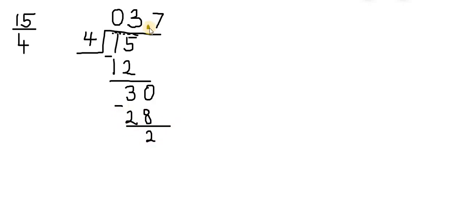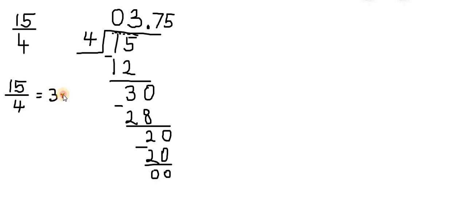Now, because we are behind the point, remember we always have a free additional 0, and then we check that. 20 divided by 4, that's 5, which makes 20 with 4. We subtract, that's zeros, so we can stop. So 15 divided by 4, or 15/4, as a decimal is 3.75.